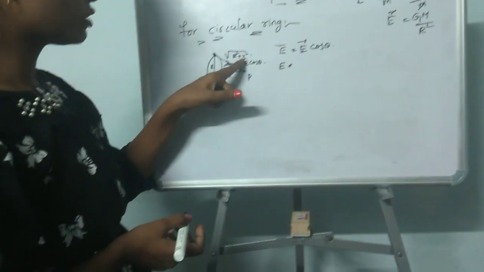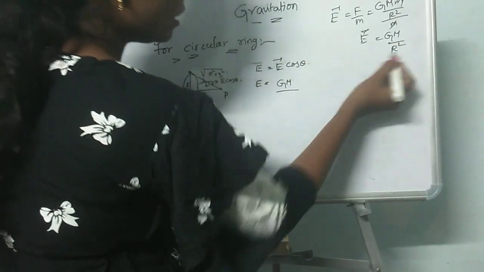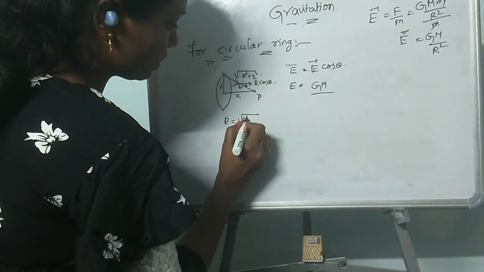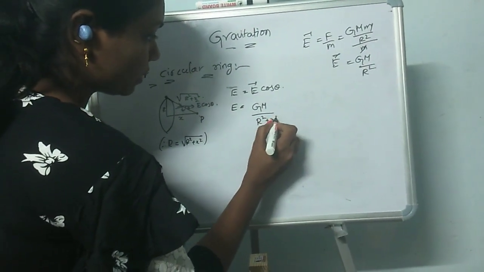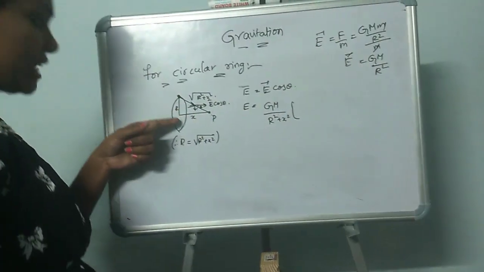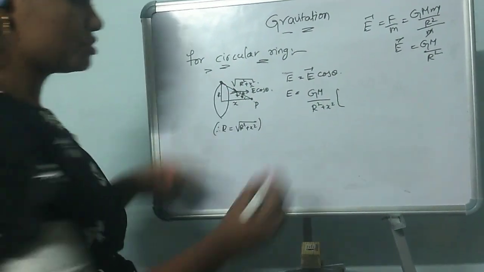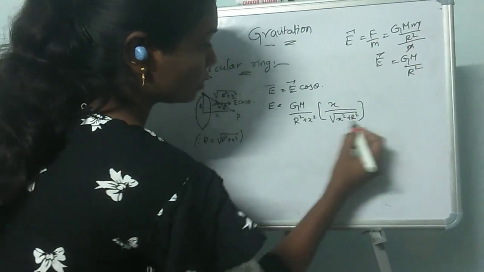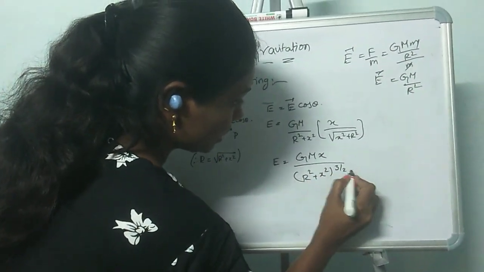We have distance R square plus x square, so we get G m by R square plus x square, times cos theta. Cos theta means adjacent side by hypotenuse, x by under root x square plus R square. So we get G m x by R square plus x square whole power 3 by 2.